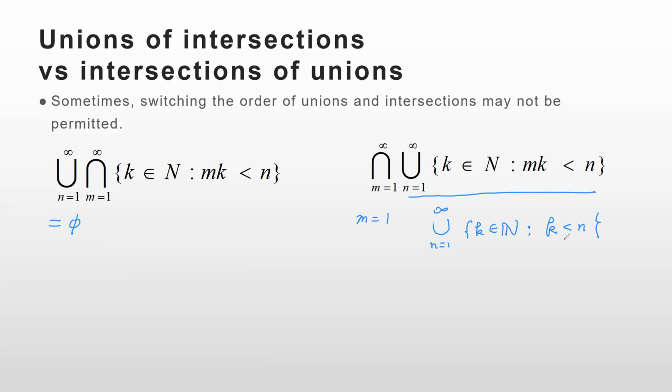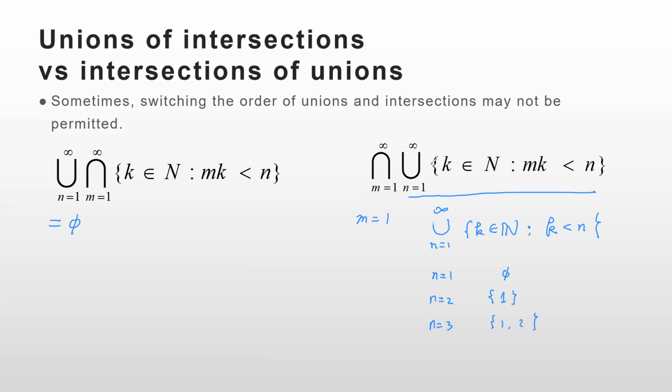When n equals 1, the set is empty. When n equals 2, natural numbers less than 2, that's just 1. When n equals 3, you have 1, 2. And you see these sets are actually increasing.